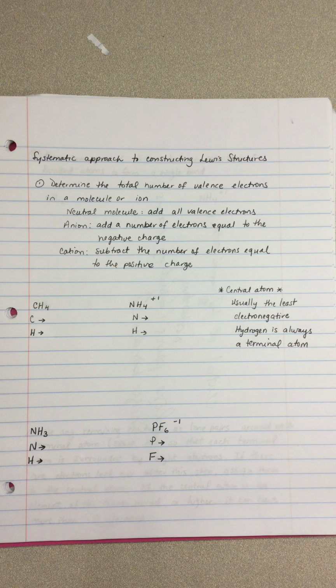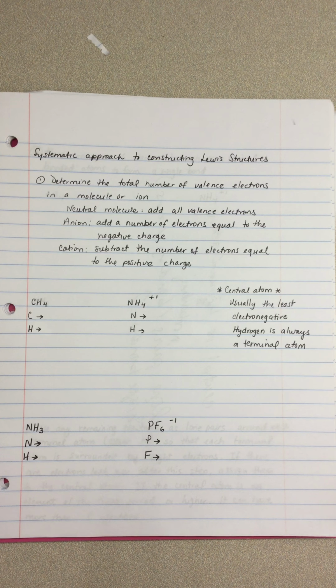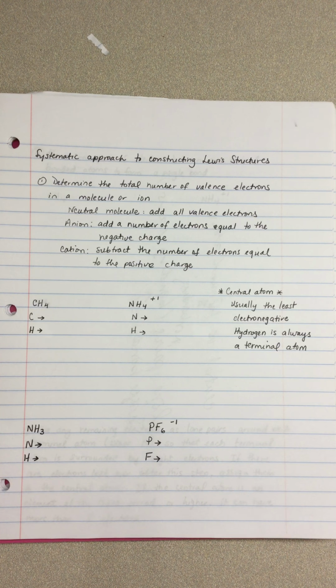So all of the chemical bonds that you're getting in a molecule or in a compound are due to the transfer of electrons, and those electrons are the valence electrons, or to the sharing of valence electrons. So the first thing that we're going to be doing is counting the total number of valence electrons for the specific molecule that you're trying to draw the Lewis structure for.